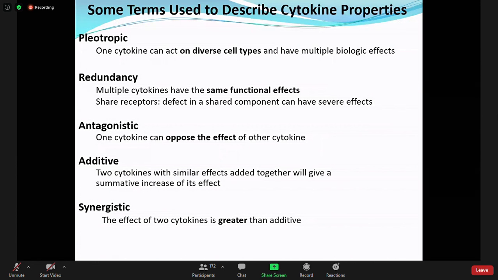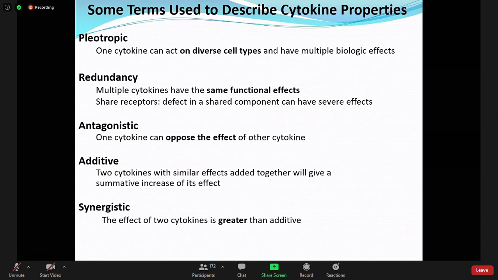In other words, if you're unable to make that cytokine, its activity can be replaced by 2 or 3 other cytokines. Antagonistic refers to the fact that cytokines might counteract each other. This is particularly prevalent when I talk about Th1, Th2 cells in the next lecture.